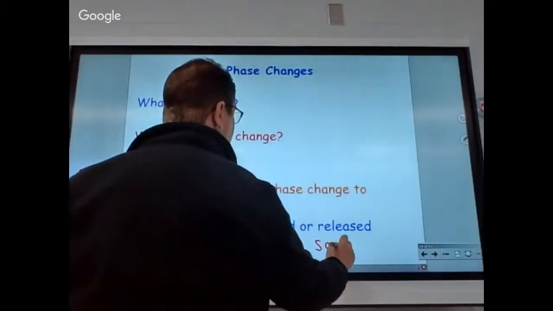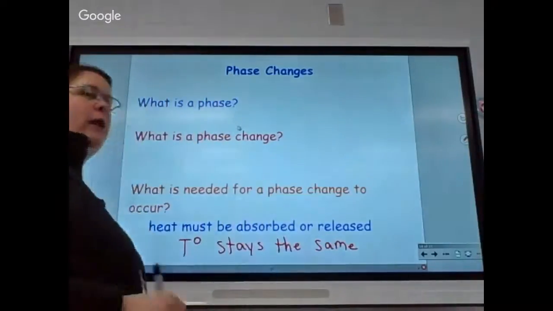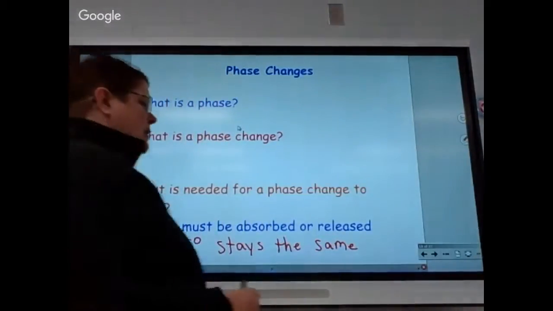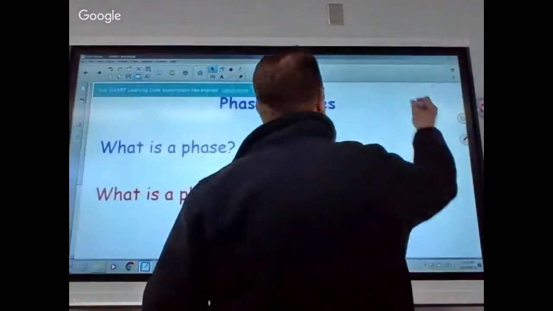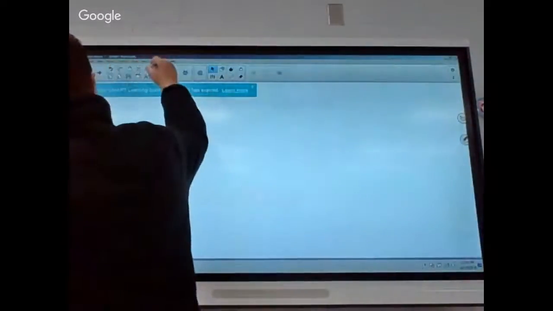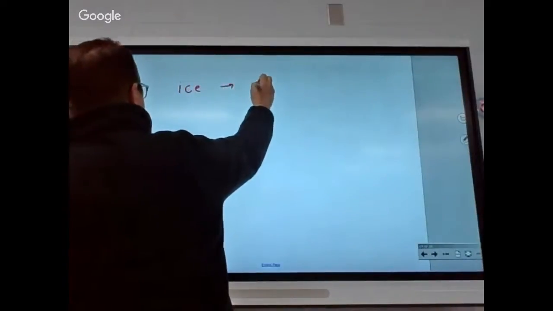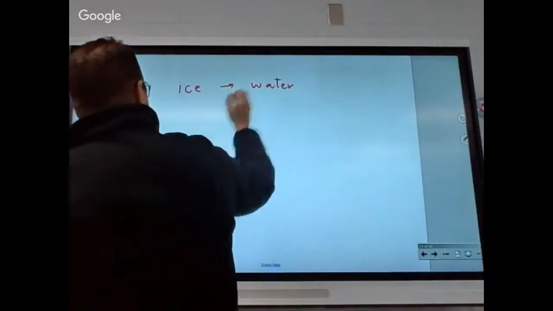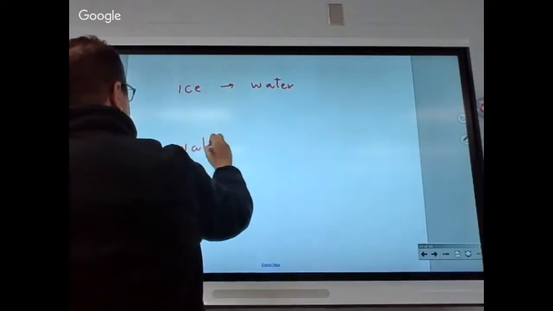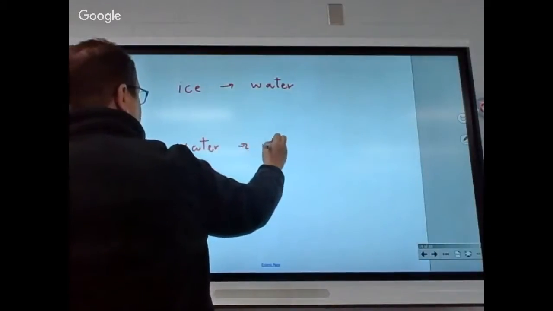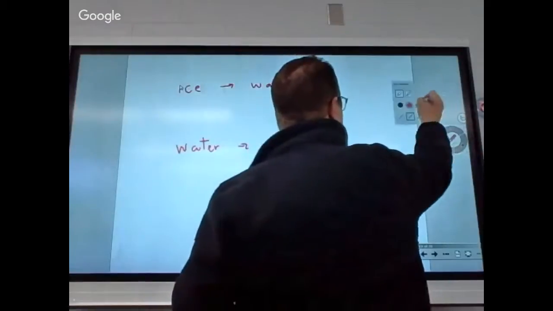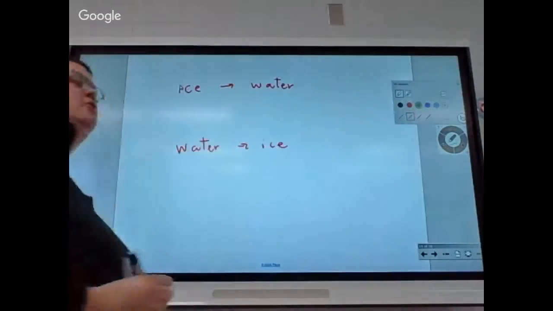So I put an example on the board before we left, and a lot of people had written this down, but I put ice to water, and I put water to ice, and I said, what temperature does ice change to water?